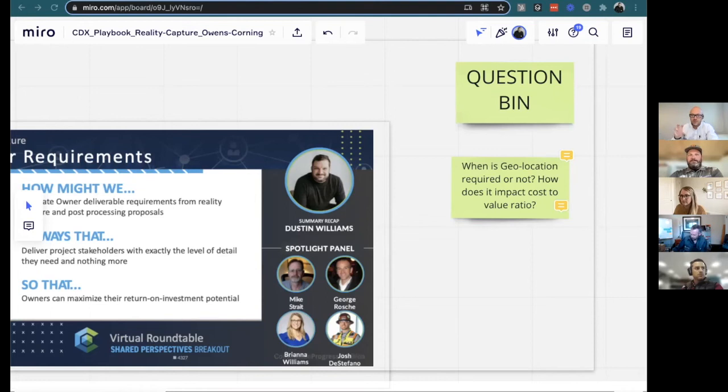They've just developed an immensely detailed plan, and spent months and months coordinating it. If we start looking at the model as the plan and reality capture as the actual, we can compare that as we go. You could 4D that model and look at, does the current job match the timeline I'm supposed to be at right now?